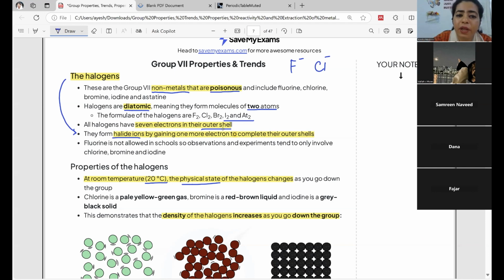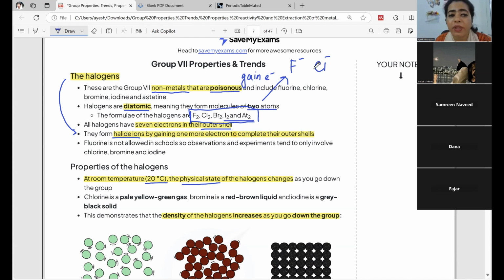We have the formulas of halogens in the diatomic form, F2, Cl2, Br2, I2, when they are stable, sharing an electron with another atom. If we take one fluorine or one chlorine and it gains one electron, it is going to make a negative anion.